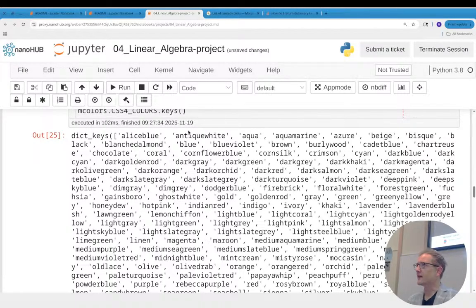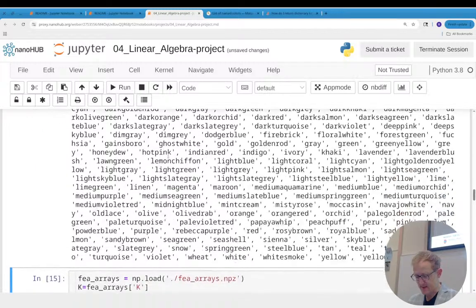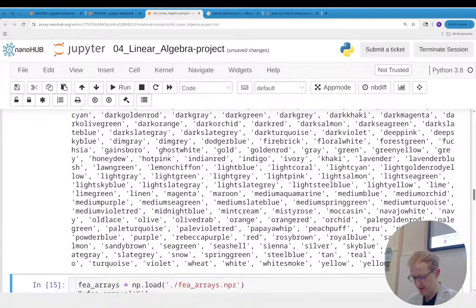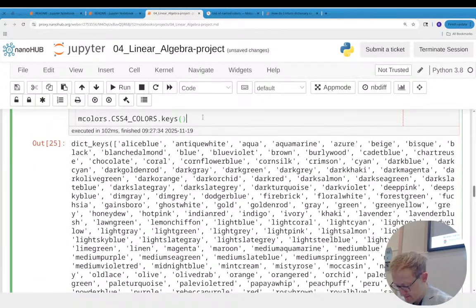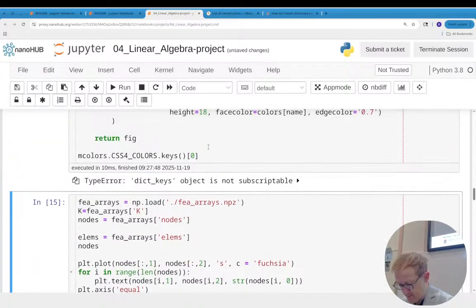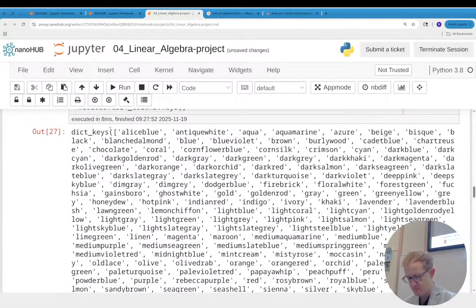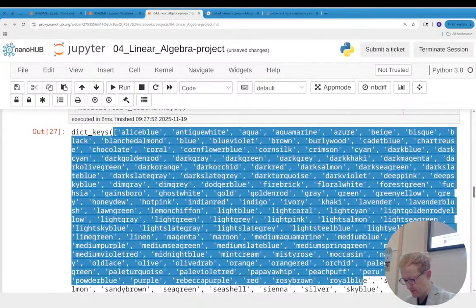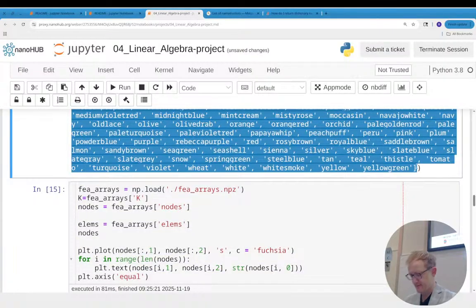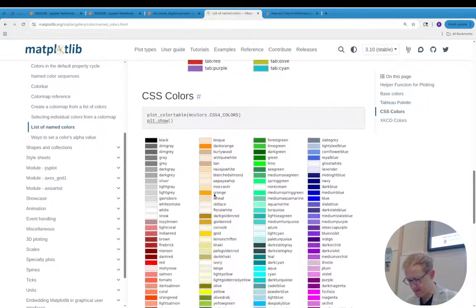So if I wanted a list of every CSS color, cascading style sheet color, I could grab all this stuff and plug it in as a list of every color, and cycle through each of those colors. Some of them are a little similar, right?